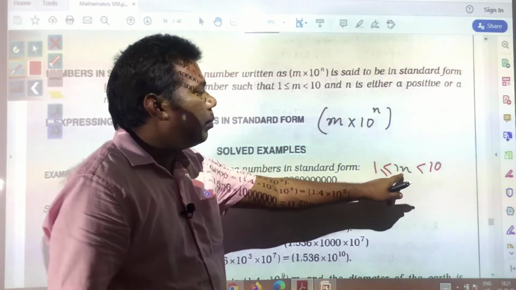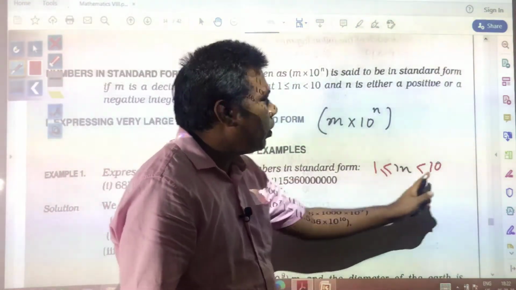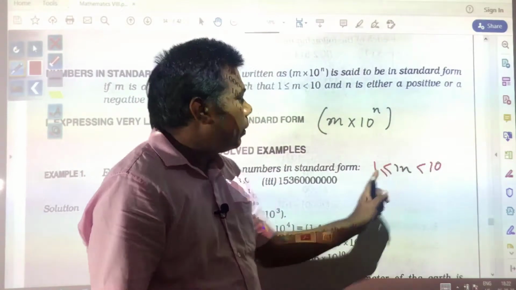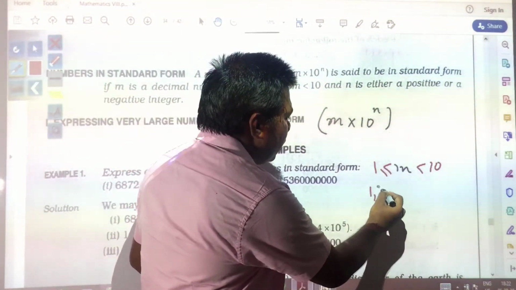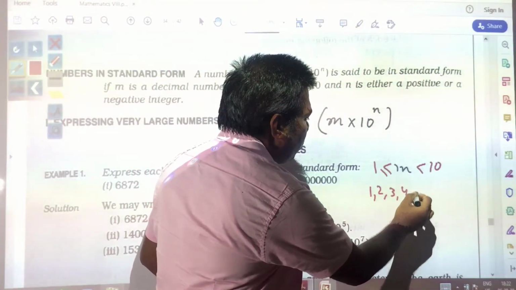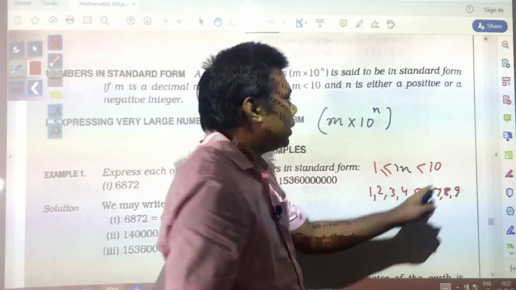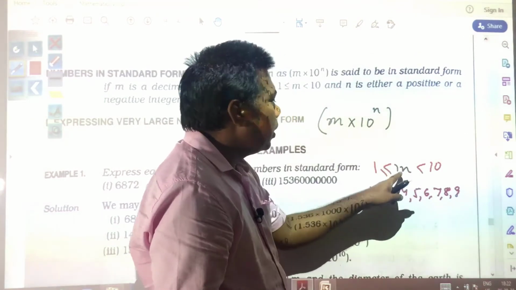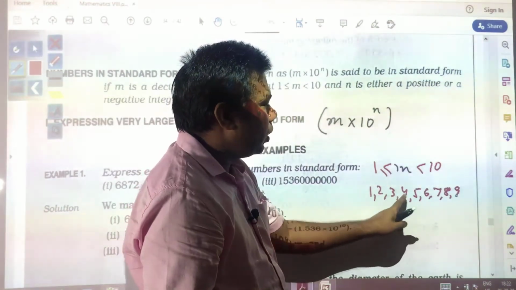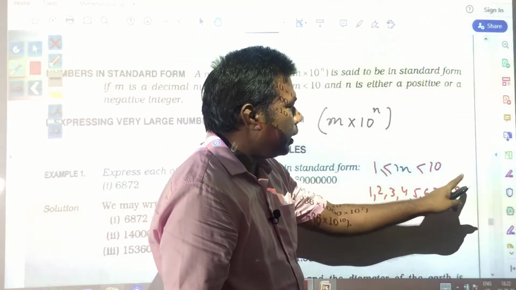It means this m must be between 1 and 10. It may be 1, 2, 3, 4, 5, 6, 7, 8 and 9, but less than 10.